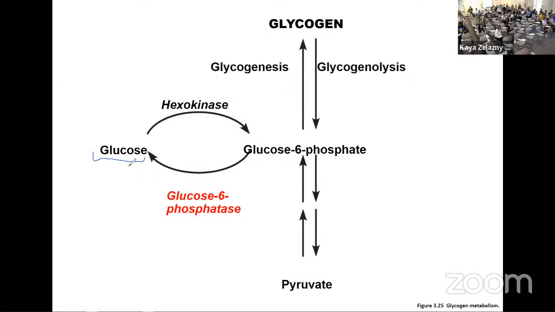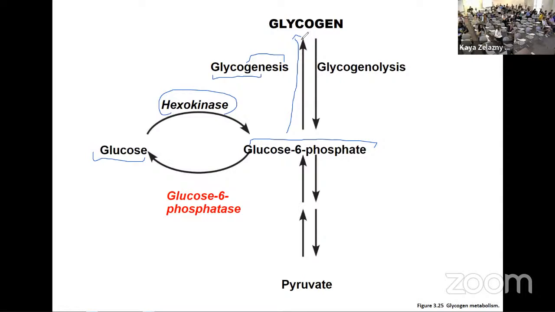You got lots of glucose. You don't need it necessarily right now this second, especially if you ate it like right before class, or you eat a donut and then take a nap, you're having a nice lazy Sunday, right? So you can take that glucose, you can use our enzyme hexokinase, turn it into glucose 6-phosphate, and then do glycogenesis, making glycogen, turn it into glycogen, which you then store for later.